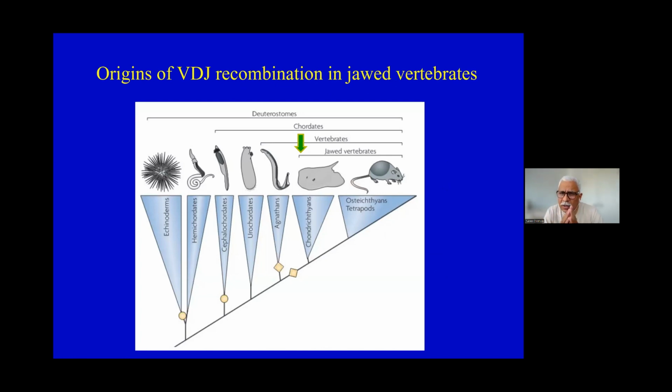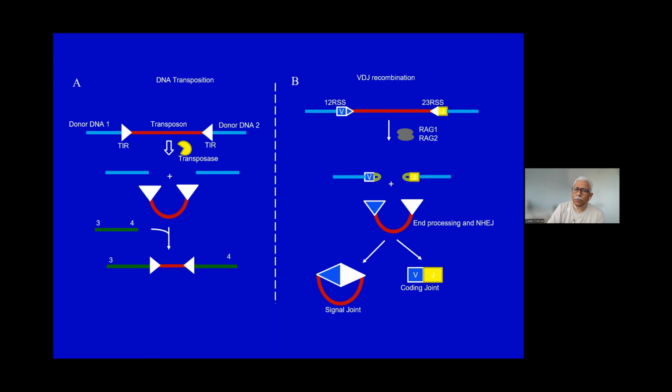I'm not going to spend a lot of time on the evolution because the evolution itself is a big lecture. But I just want to point out that the first appearance of an immunoglobulin-like gene came in the jawed vertebrates, and the stunningly amazing thing is that the recombination event that took place is elicited by an enzyme, which is called the recombination activation gene, RAG.